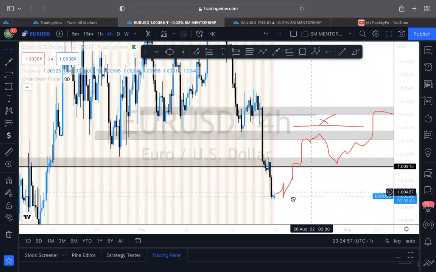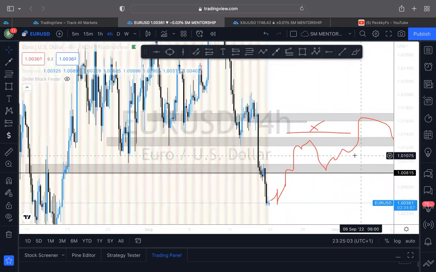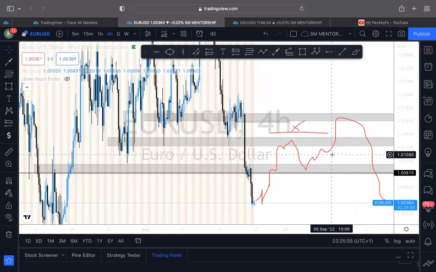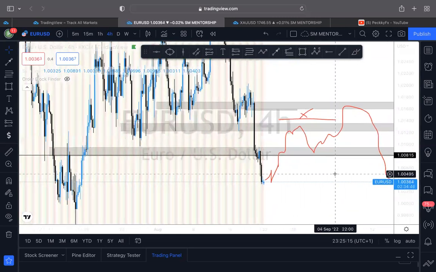I want to see clear liquidity being created, then the market coming back to fill the imbalance, then any possible reversal candlestick pattern, then I hop in, I put my stop loss just right above and allow the trade to play out.